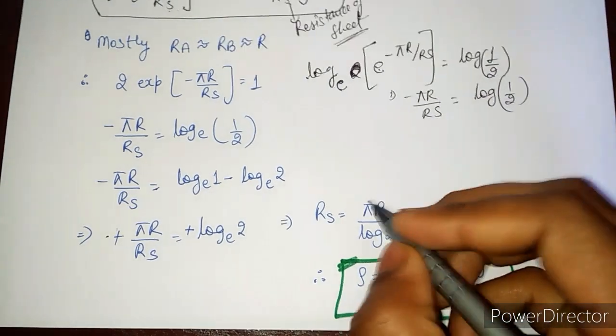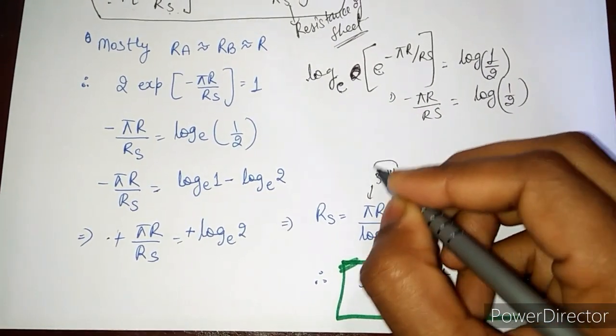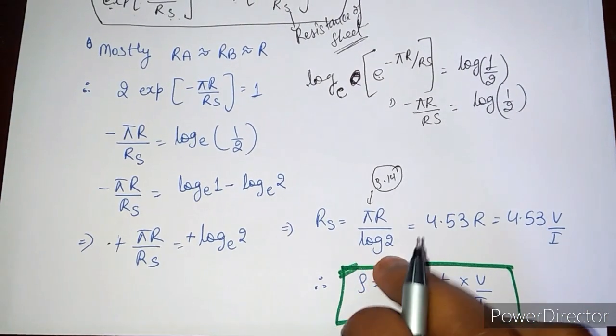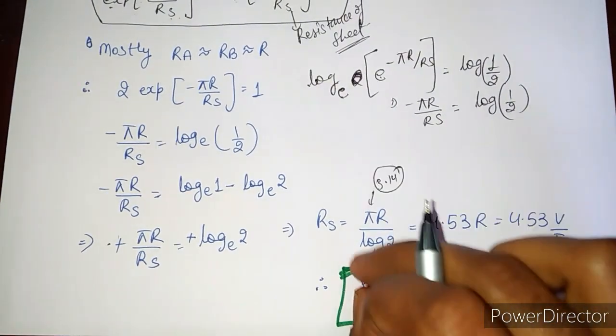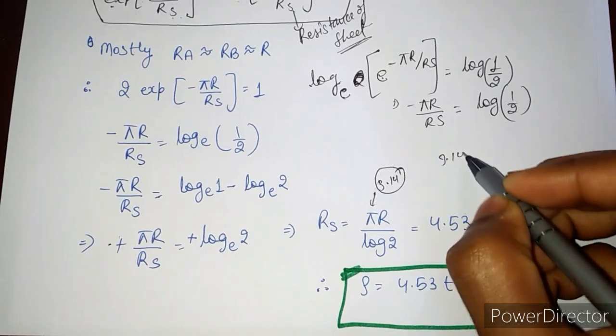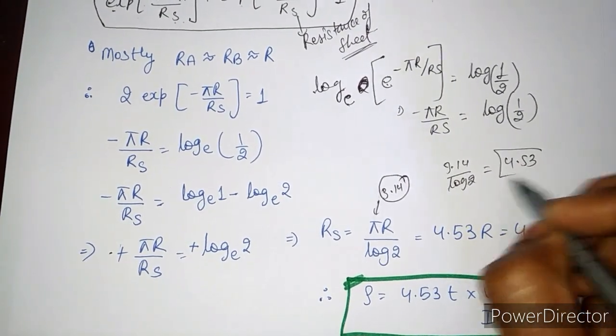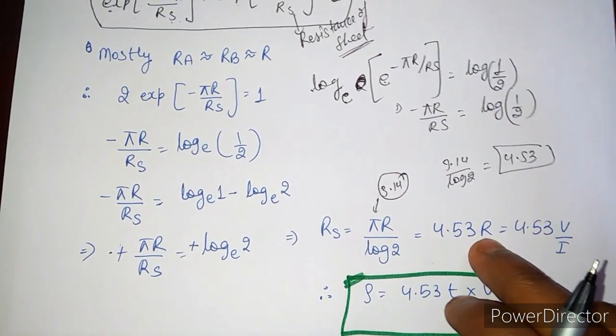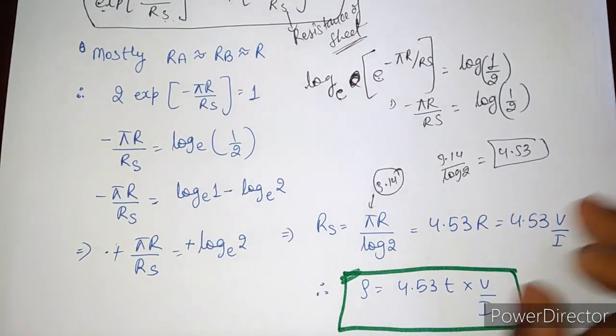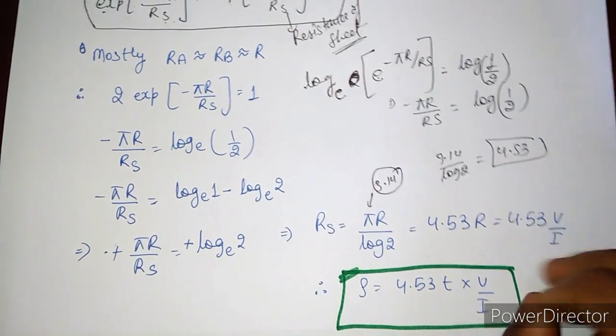Here the value of pi is 3.14, and we calculate the value of log 2. When we solve 3.14 upon log 2, it becomes 4.53. So Rs becomes 4.53 R, and R is resistance, so R is equal to V upon I, voltage upon current.